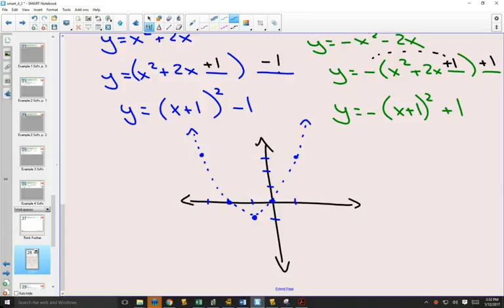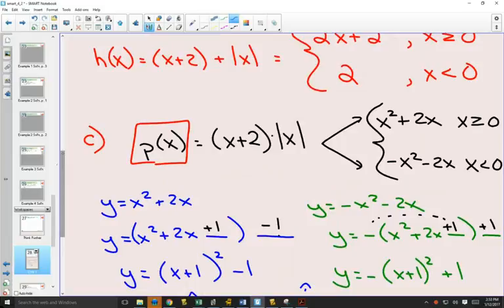My green graph, where is its vertex? Minus 1, plus 1. It opens down. Over 1, down 1. Over 1, down 3. That's my green graph.